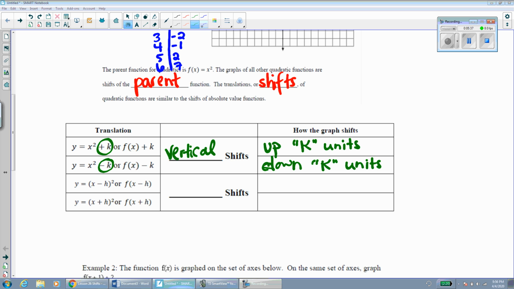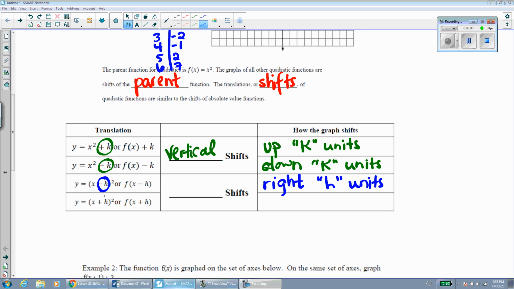So now let's look at what happens when we subtract or when we add inside the parentheses. So when we subtract h, and remember h would actually be a number, we're moving to the right h units. So say it was like x minus 2, we would just be moving to the right 2.